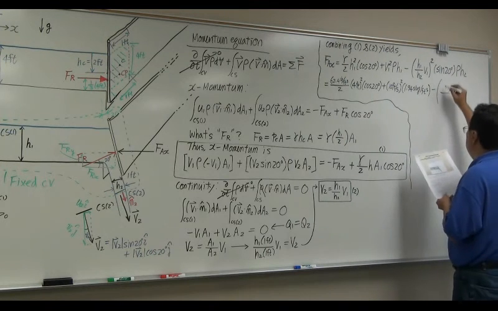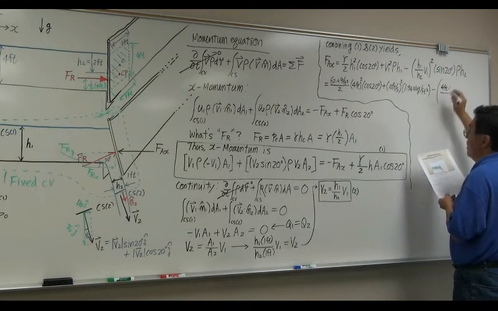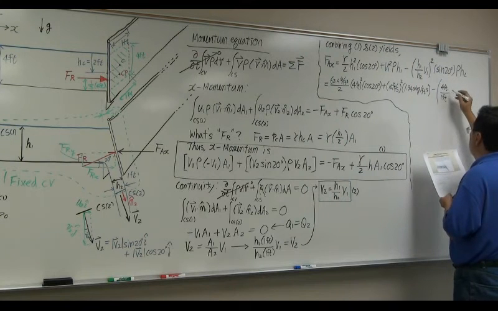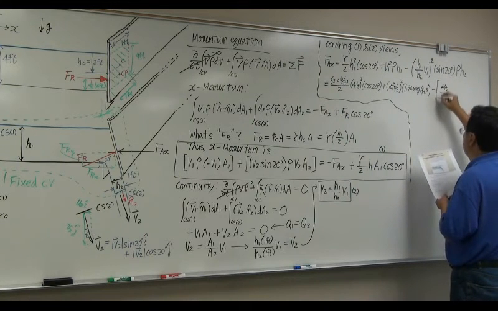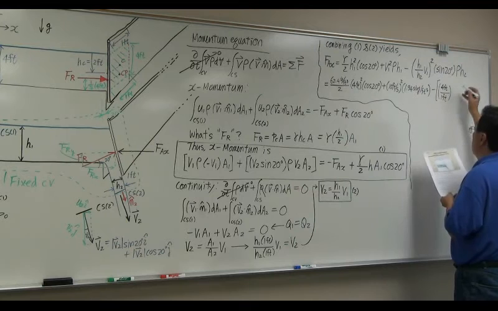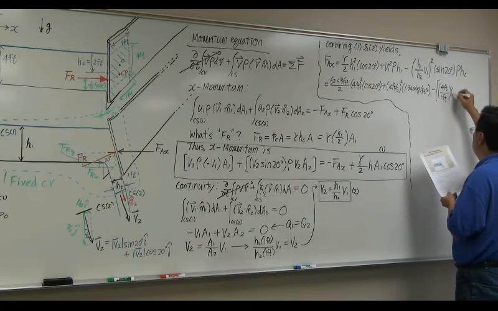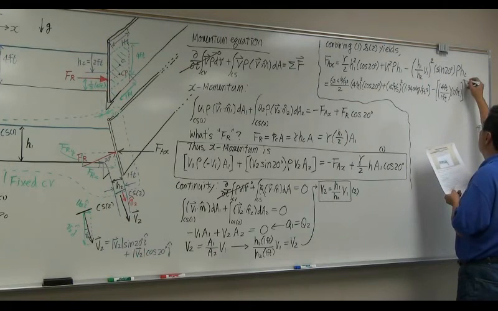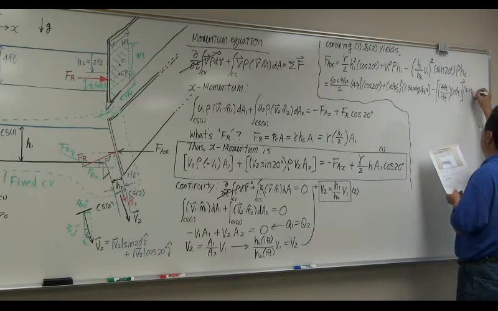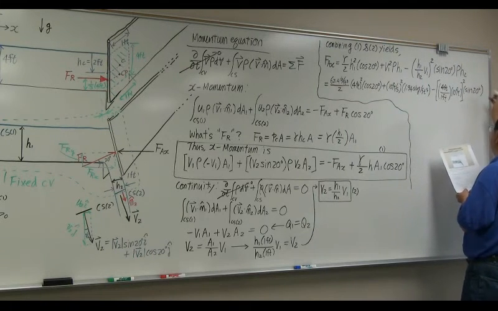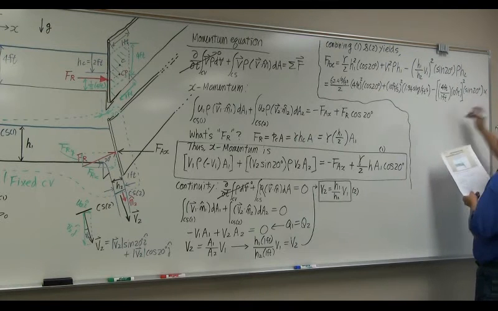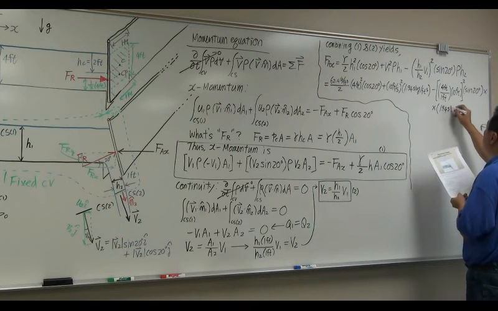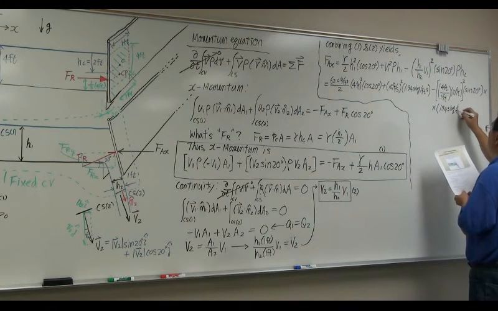H1 is 4 feet, H2 is 1 foot, times V1, 10 feet per second. This whole thing squared, multiplied by sine 20 degrees, multiplied by density again, 1.94 slugs per cubic foot.